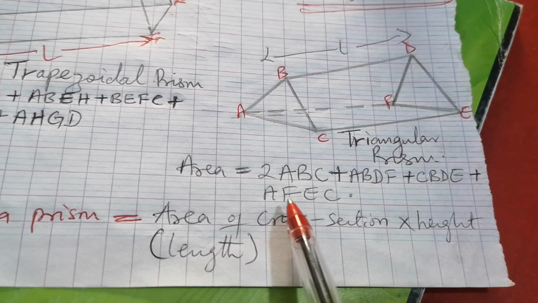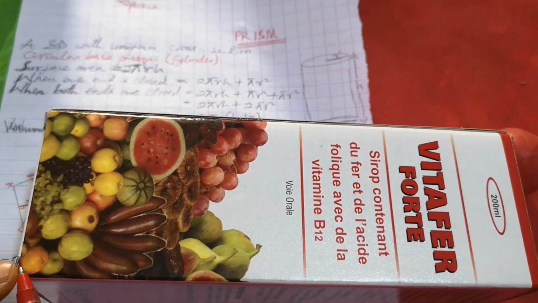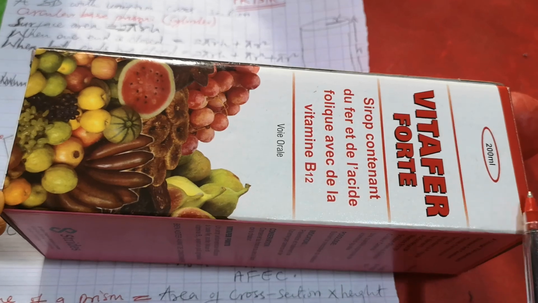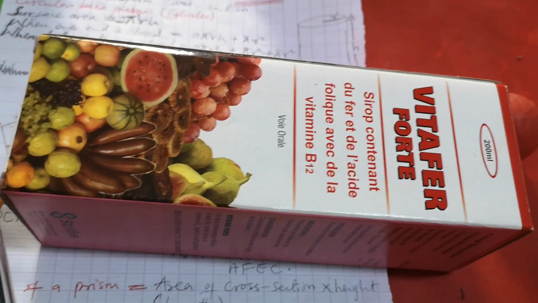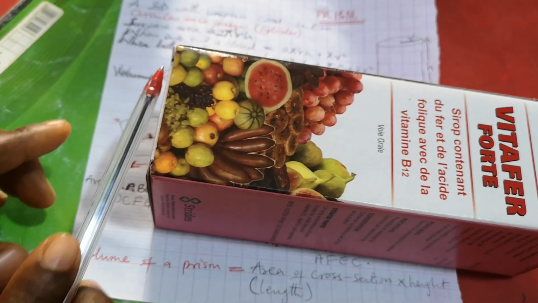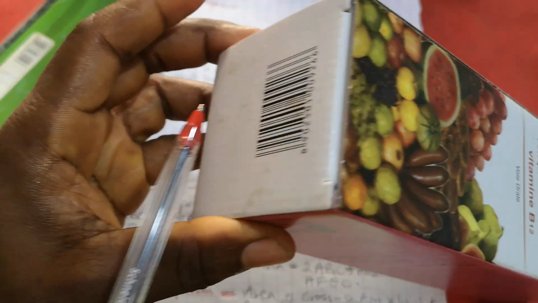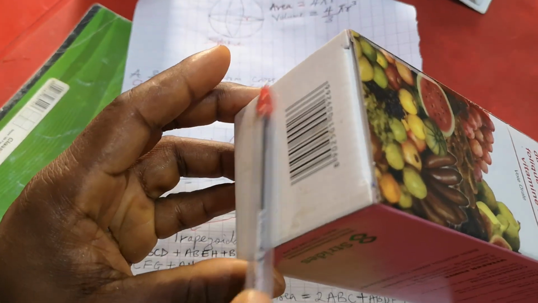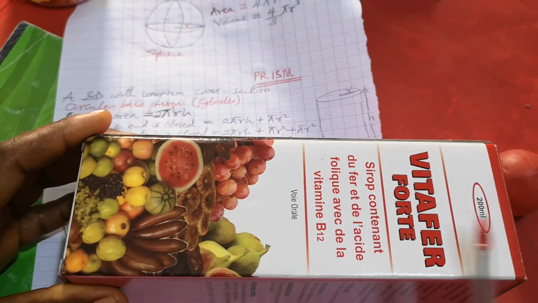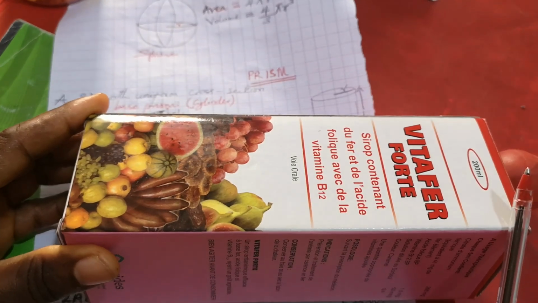If the prism is lying down like this one, then you talk about the length from here to here. So the volume will be the area of the cross section, that is, if you find the area of this place, this is the cross section, times whatever the length is here, will give you the volume.